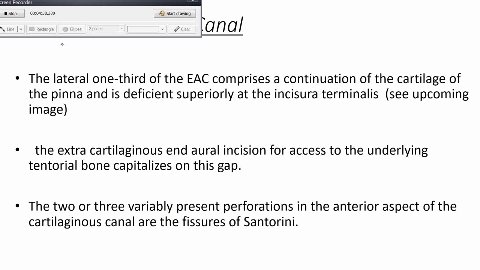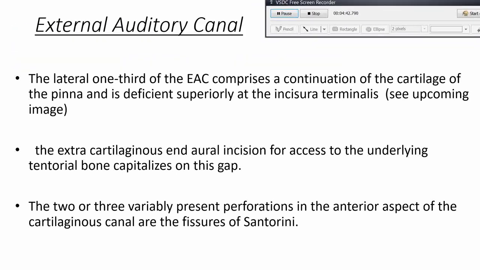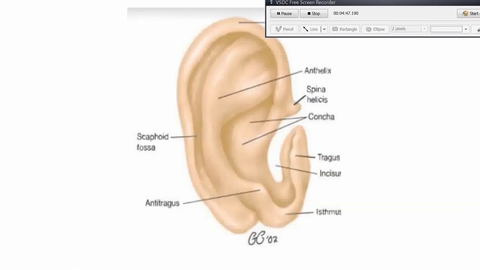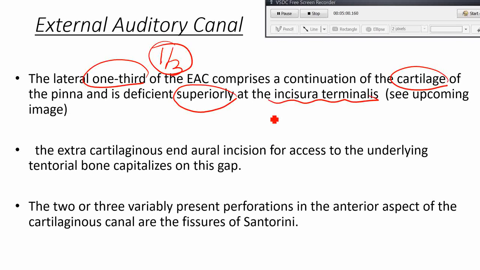When you take the external auditory canal, the lateral one third, the outer one third of the EAC, is cartilage and is deficient superiorly at the incisura terminalis.